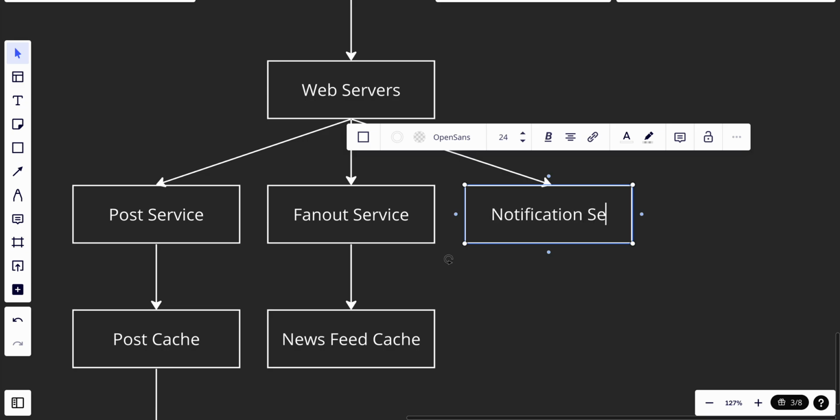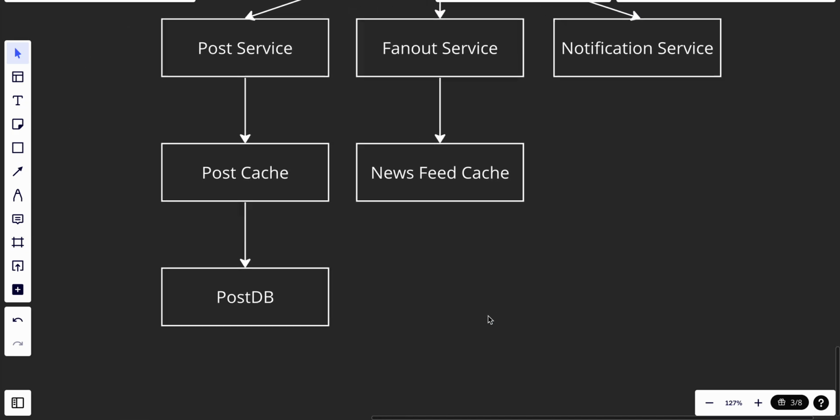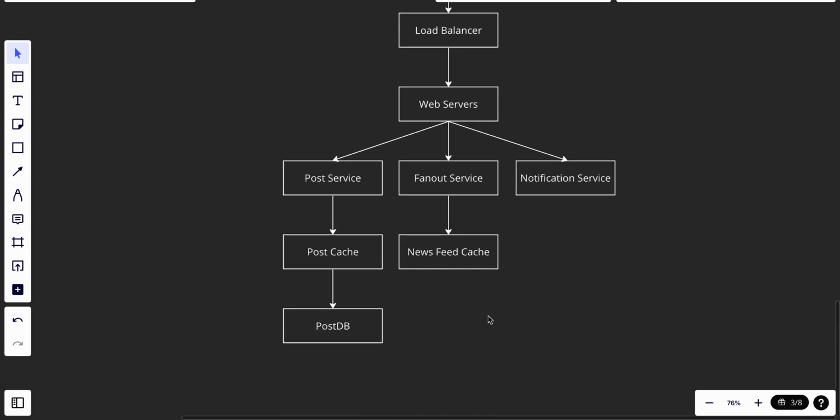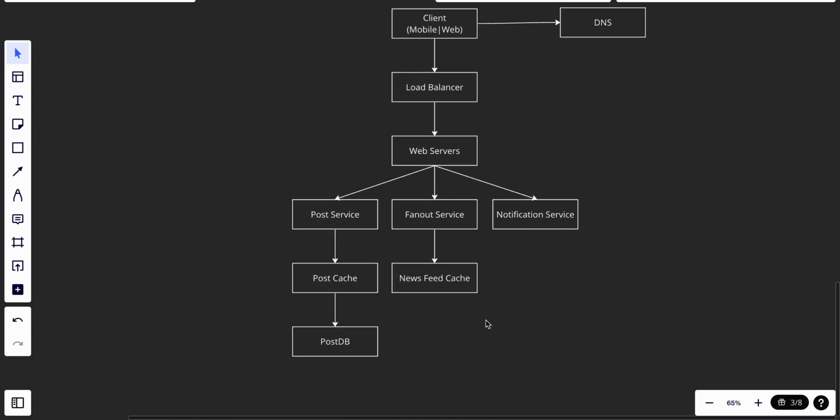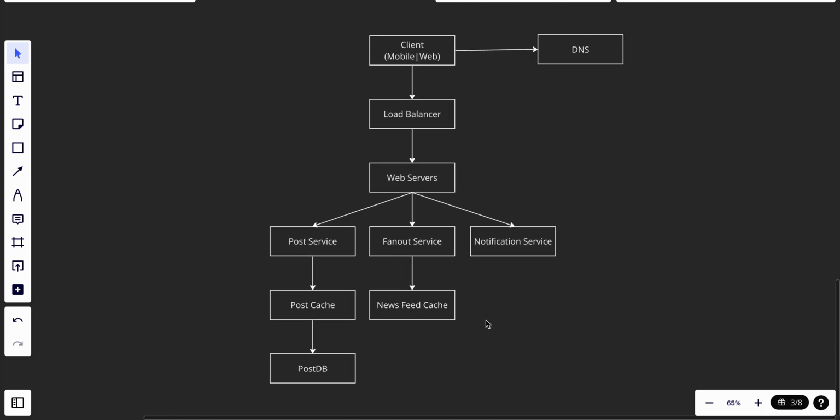Notification service. Okay, so this is the full picture of our news feed publishing, and let's talk about what's happening here. So the user will get the IP address of the load balancer from the DNS.